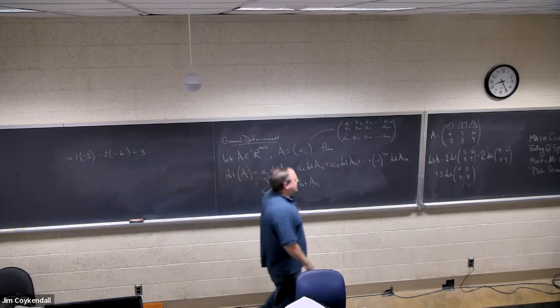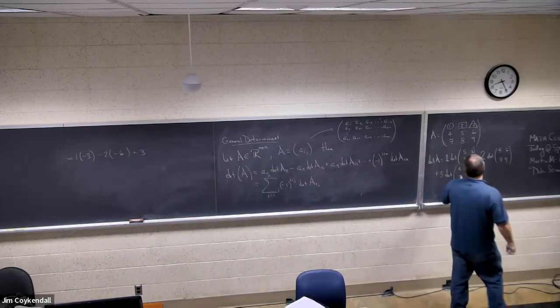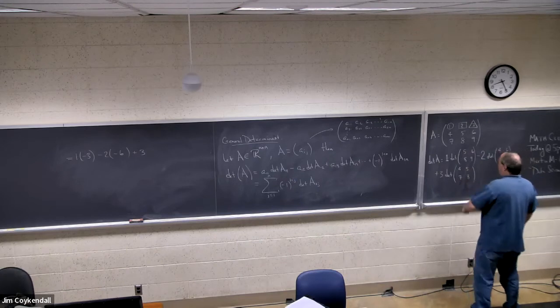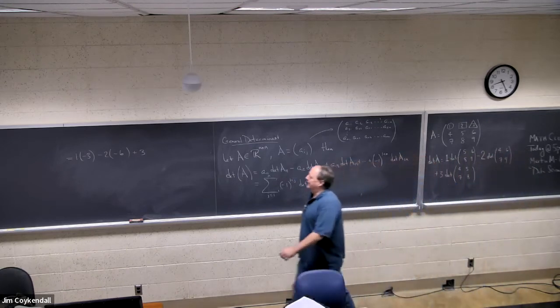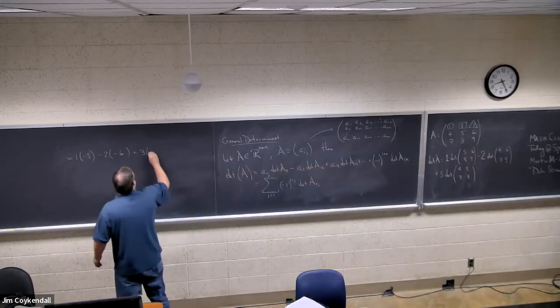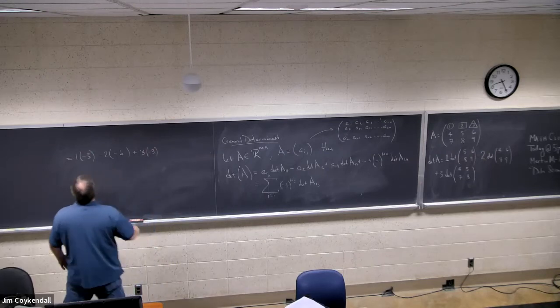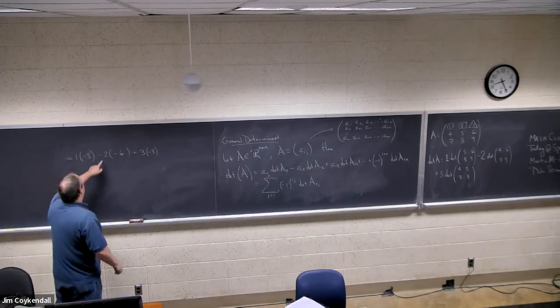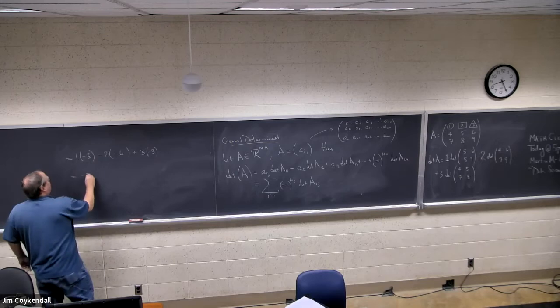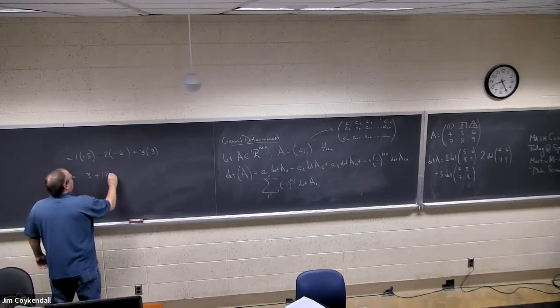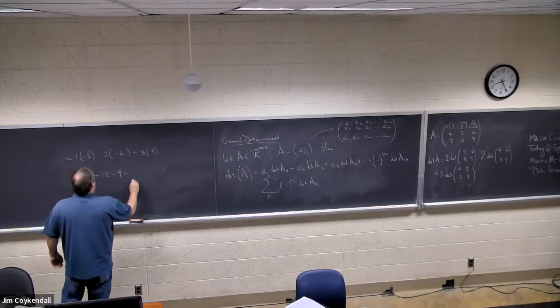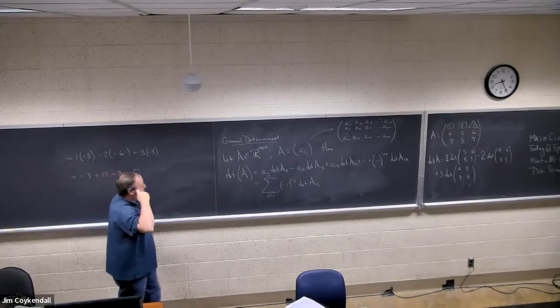And finally, 3 times this determinant, which is 32 minus 35, which is minus 3. So what is this? This is minus 3 plus 12 minus 9, which is 0.